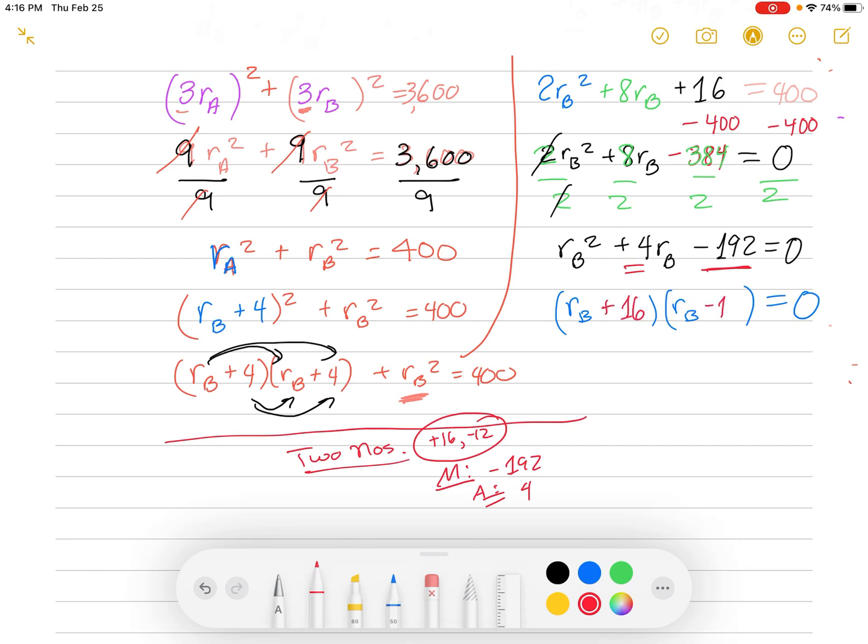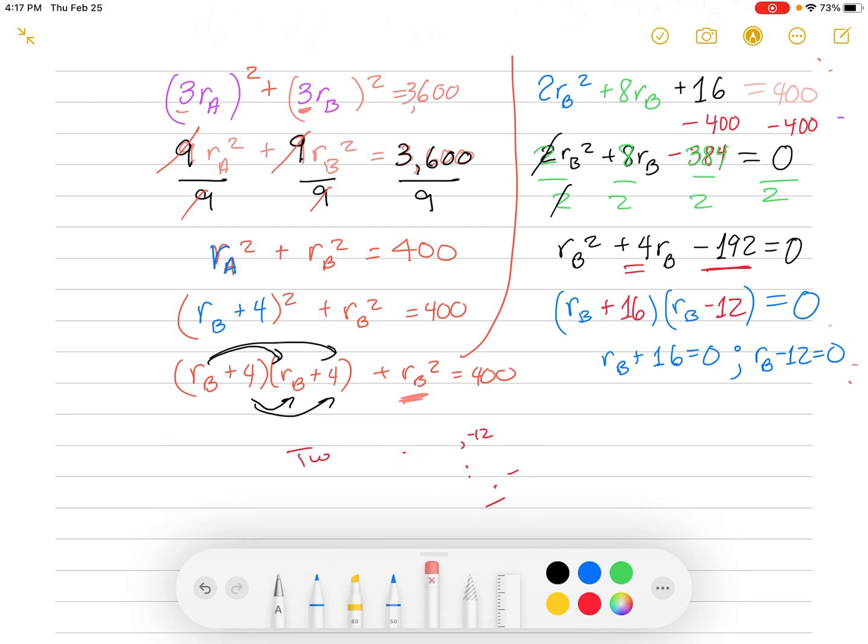So I'm going to put positive 16 here, negative 12 here. So then, since you have something times something equal to 0, your 0 product property says you set each factor equal to 0. So you get RB plus 16 equals 0, or RB minus 12 equals 0. So one of those has to be 0. Both of them don't have to be, but at least one of them would have to be 0.